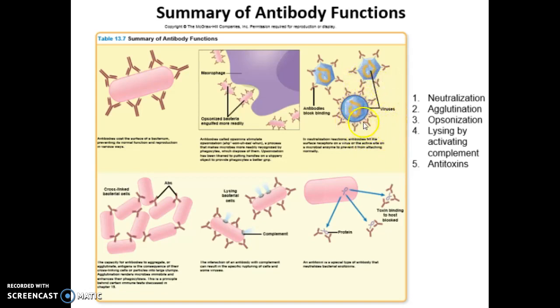All right, the virus has different ligands on its surface, different protein spikes, and it's going to use those protein spikes to bind to a receptor on a host cell. But if those ligands are covered up by the antibody, that virus is neutralized. It cannot get into a host cell. So that's neutralization.